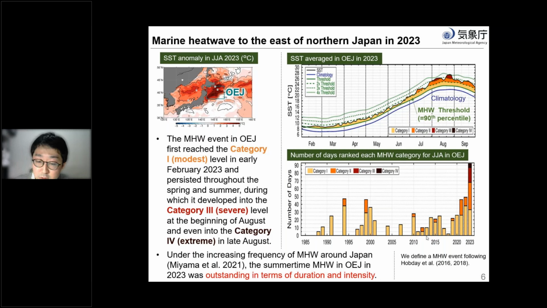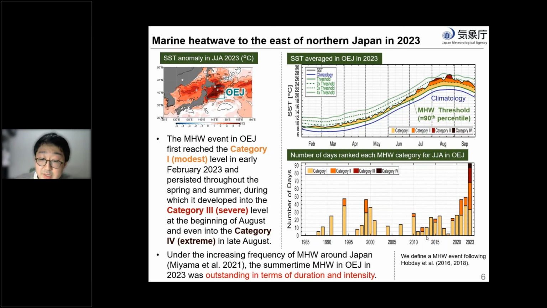The lower panel shows the number of marine heat wave days for JJA in this region since 1985. So under the increasing frequency of marine heat wave days, the summertime marine heat wave event in OEJ in 2023 was outstanding in terms of duration and intensity.